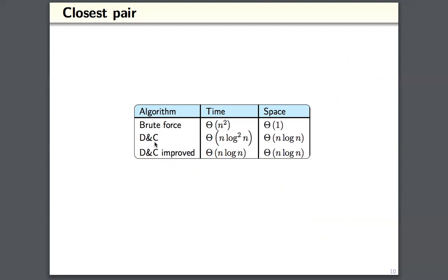There is a divide and conquer algorithm that can solve the problem in n log squared n time. And there is one more improved algorithm on top of it that reduces the time further to n log n, currently the best known algorithm to solve the problem.